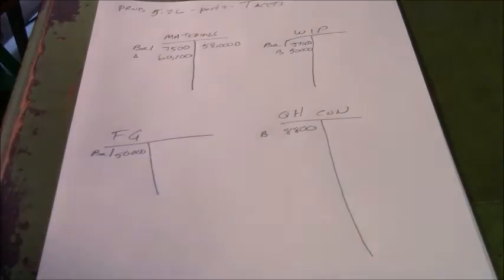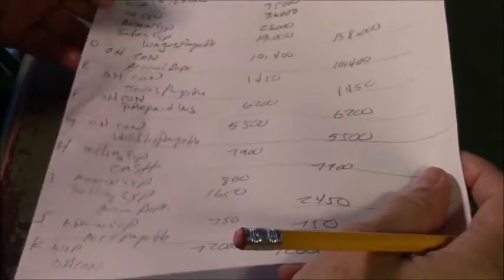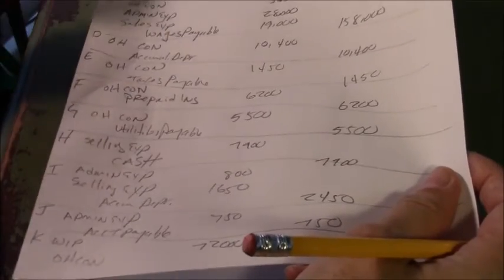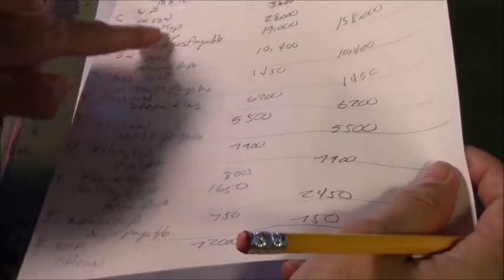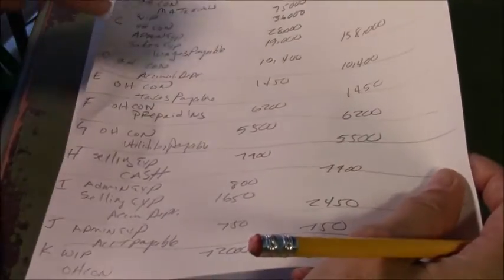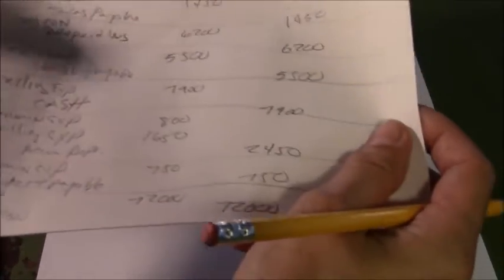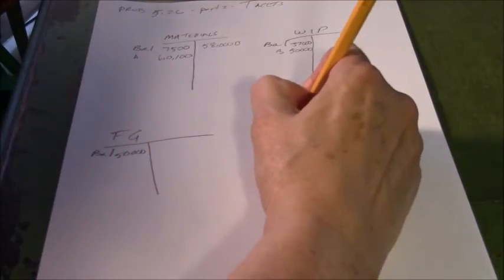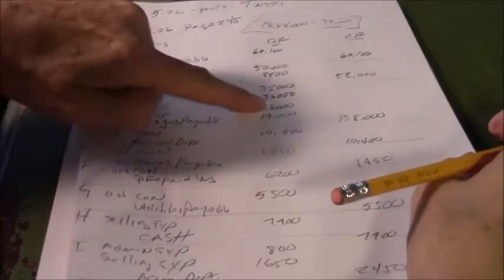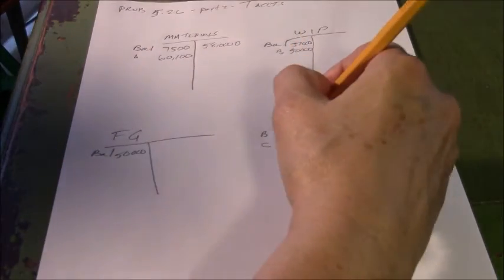All right. Next transaction, we have work in process and overhead. We aren't going to post these in full. In real life you would, but we're just going to put a $75,000 debit to work in process and a $36,000 debit to overhead.